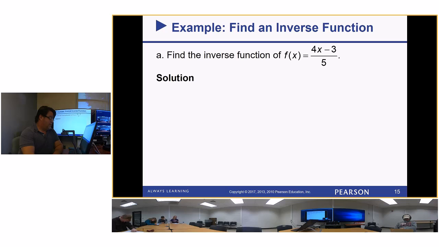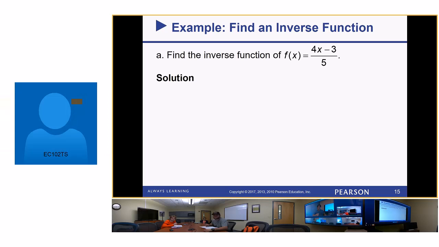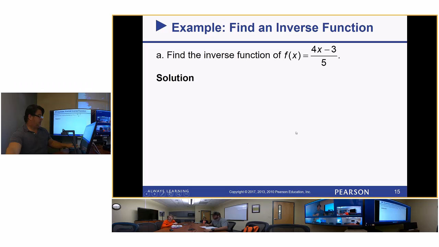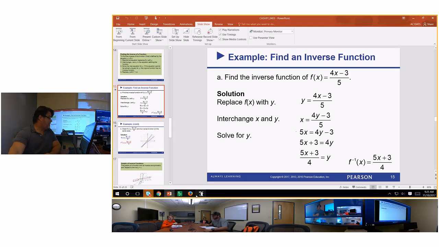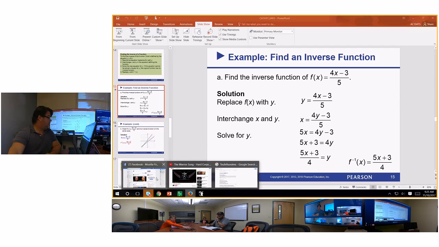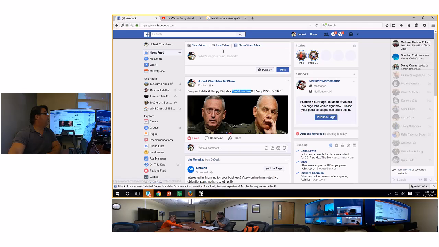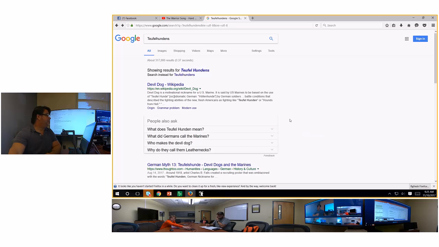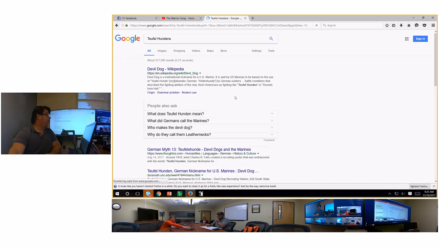But I'll show you what the, I can't pronounce it half the time, so that's why I'm going to show it to you. There it is. Teufelshunde. Devil dogs. Get it from the Germans. The Germans nicknamed the Marines. You have to read about it. It's real interesting. World War I.